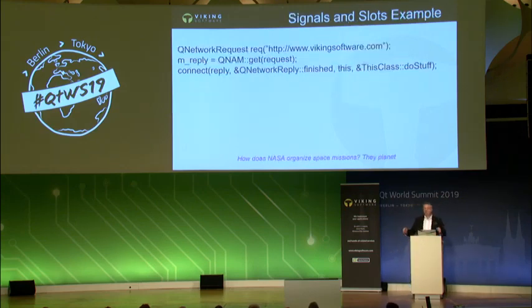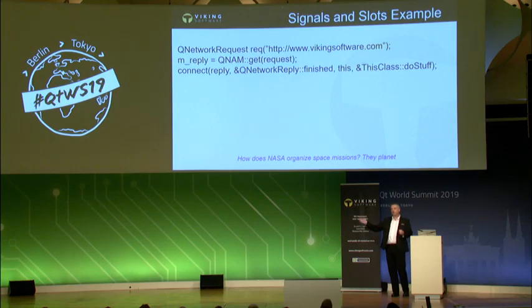So, signals and slots example. This is actually a really bad example, and I'll get to the right example on the next slide. But let's just stay with this one. So the idea is, you know this stuff. You connect one object to another object, from a signal to a slot, or a signal to a signal, and then stuff happens.